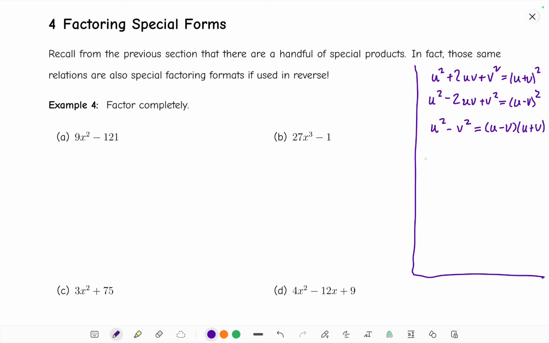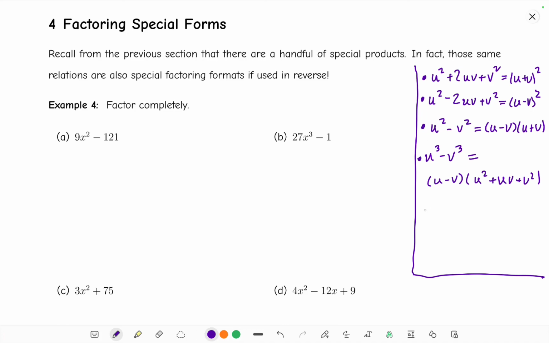Then you had your difference of cubes, u cubed minus v cubed. Well, that was (u minus v) times (u squared plus uv plus v squared). So let me put bullets here.